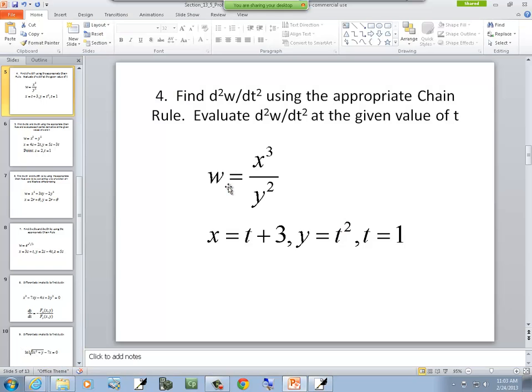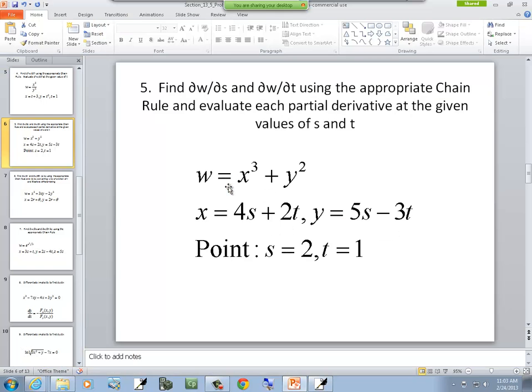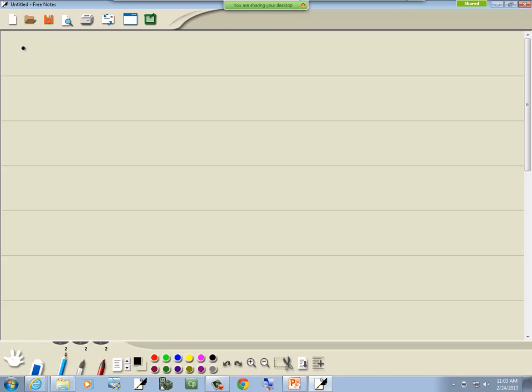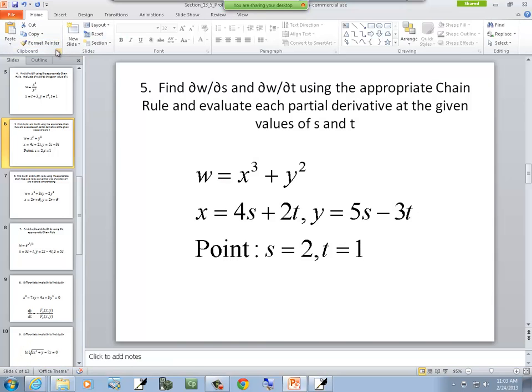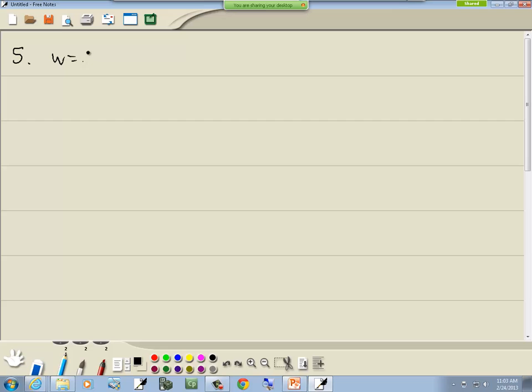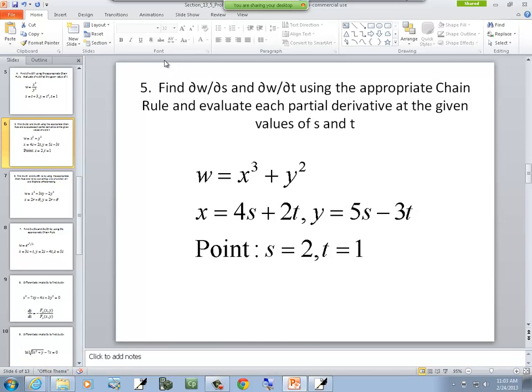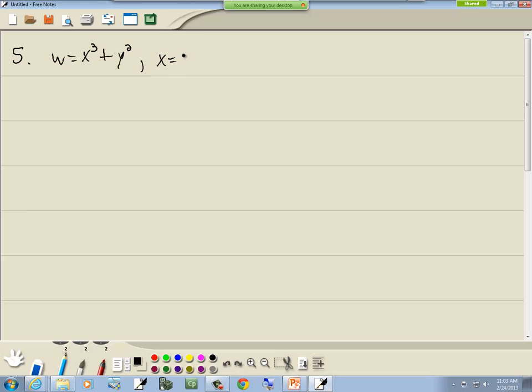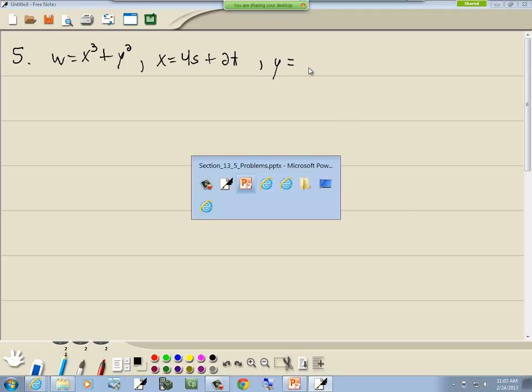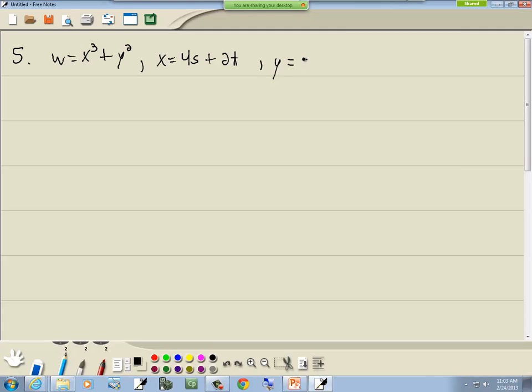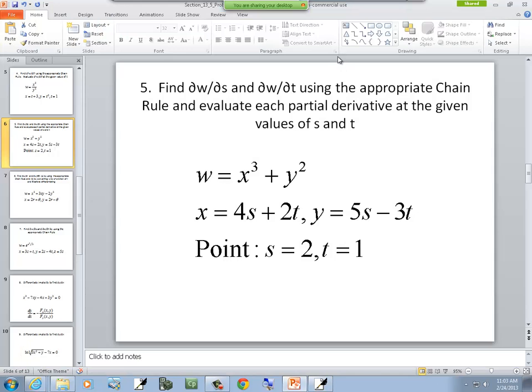Okay, let's look at our next problem. Here we have w is equal to x to the third plus y squared, and x is equal to 4s plus 2t, and y is equal to 5s minus 3t.